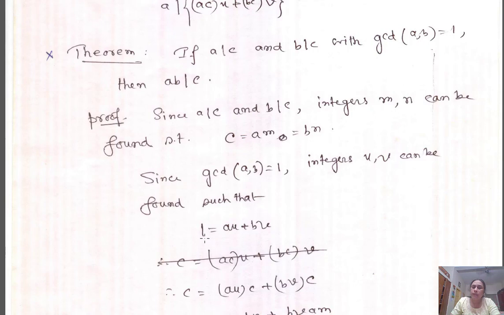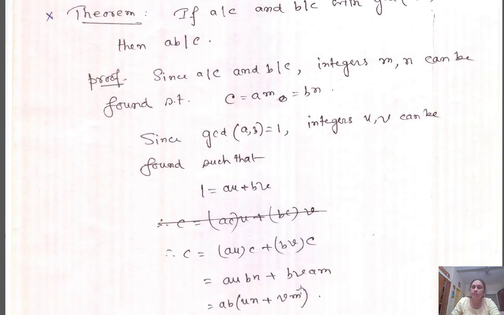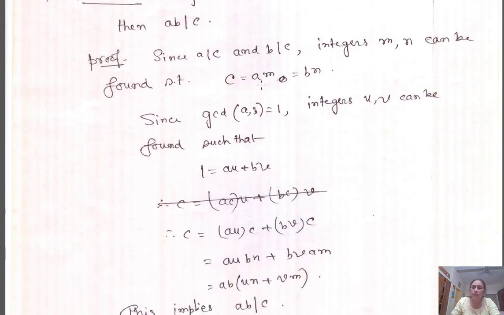Now, if you multiply this equation on both sides by C, then C equals AUC plus BVC. Now the value of C is both AM and BN, so you can utilize this: AU times BN plus BV times AM. So AB times (UN plus VM).